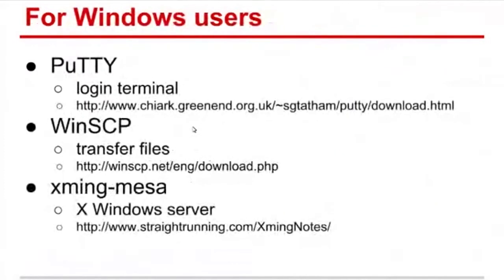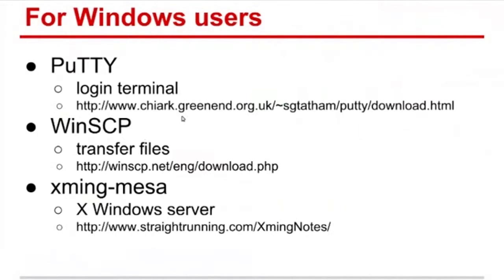For Windows, it's a bit more work to get things set up to connect to WestGrid. You should install a terminal program such as PuTTY, which you can download from this link. And you should also have a program to transfer files, and the one we recommend is called WinSCP, and the download link is given here.